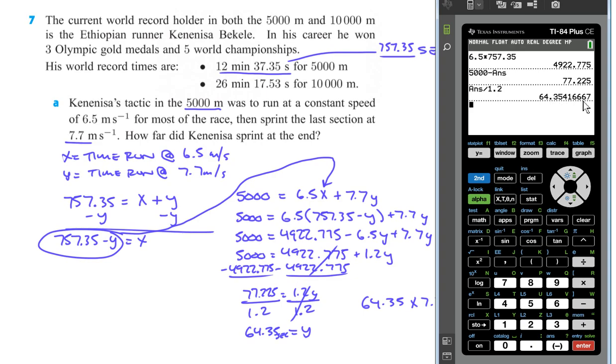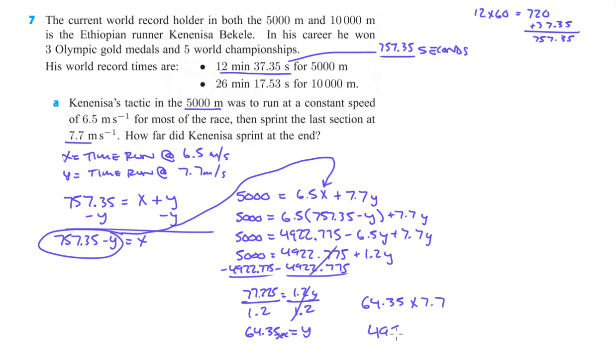This is the non-rounded number, so I'm just going to leave that in there. Multiply it by 7.7, and that gives us about 495.5 meters. Okay. All right. And that's that one.